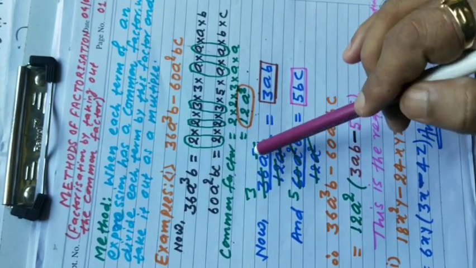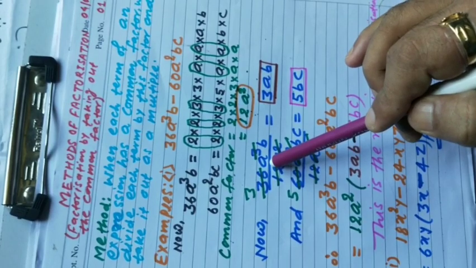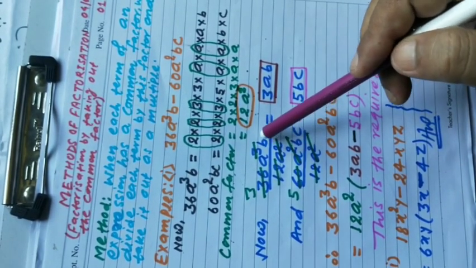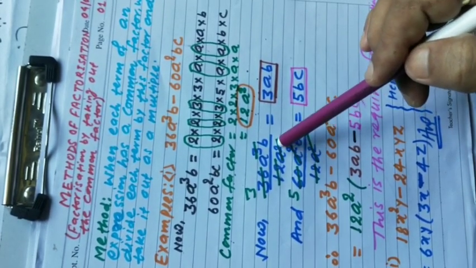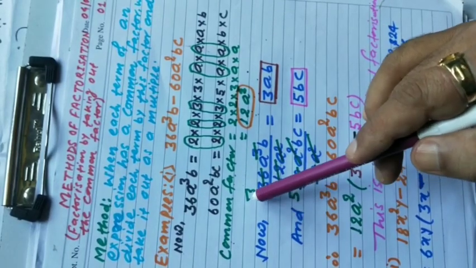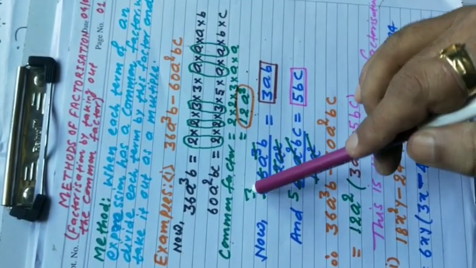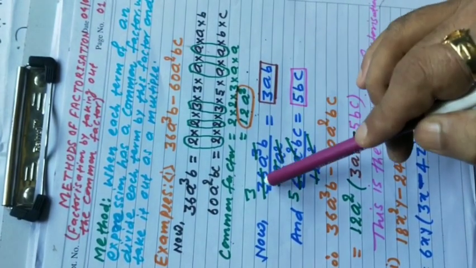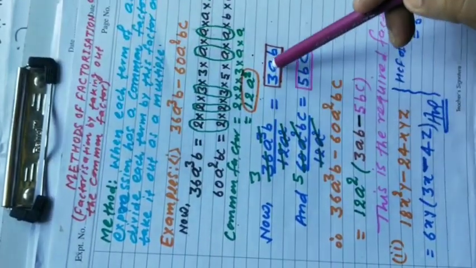So a power 2 will be cancelled, a will remain here, and b will also remain the same because there is no b in the denominator. So we have the quotient as 3ab. When we divide 36a cube b by 12a square, we will get the quotient 3ab.